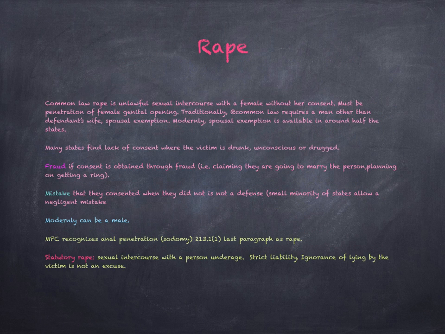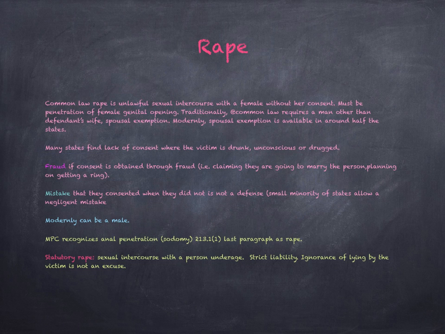Now, rape, here we go. This is the last crime I'm going to discuss against a person, and this is common law rape. It's unlawful sexual intercourse with a female without her consent, and traditionally it was by a person who is not the husband. And there must be penetration of the female for it to be considered rape.